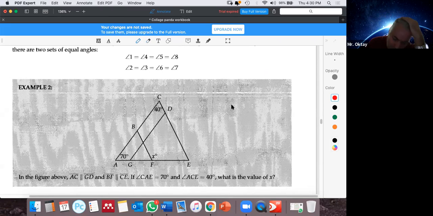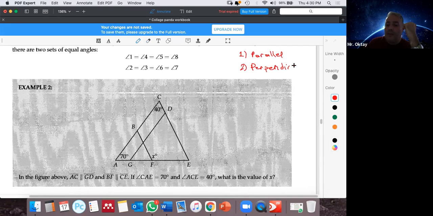In geometry, the most important thing first is whether the angles or the lines are parallel or not, perpendicular or not, similar or not. These are important things. So when we read the question, line segment AC is parallel to line segment GD.